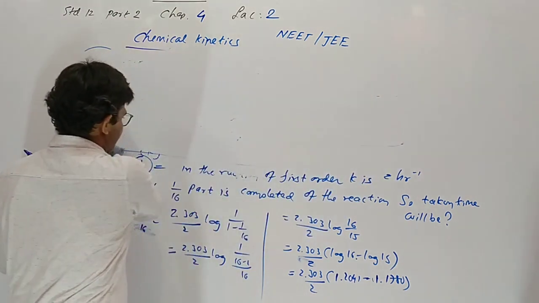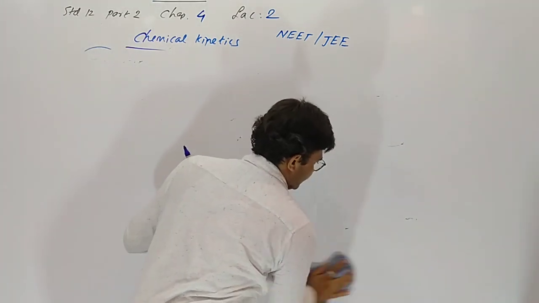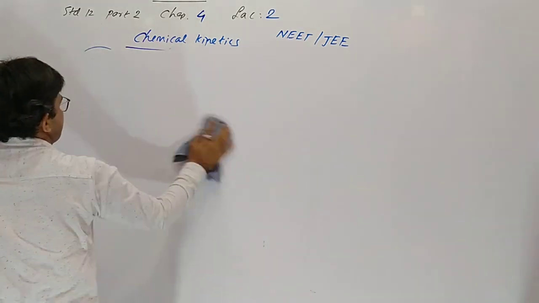Now for getting the order of the reaction, there is a formula. How can we derive the order of the reaction?